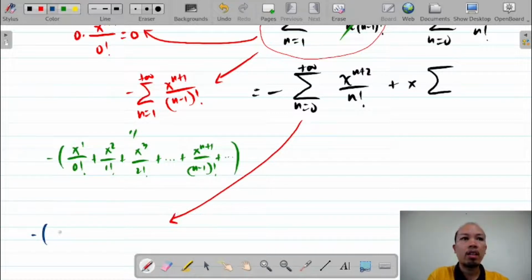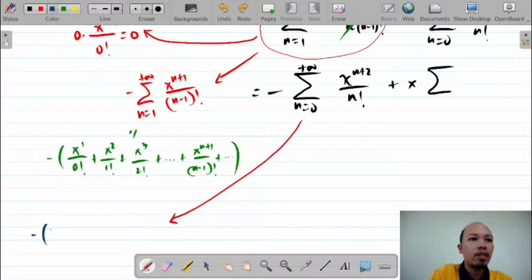I think I made a mistake, this is x squared. That is the reason why I wasn't able to get it.